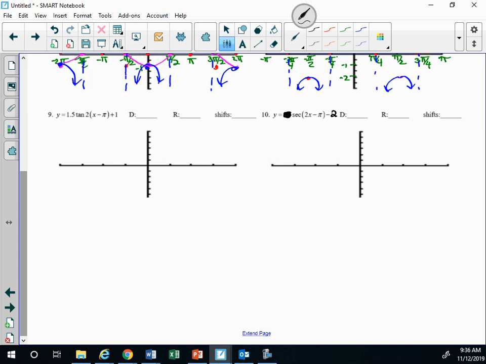So you need to graph this first as if it is y equals cosine of 2x minus pi, minus 2. What do you have to do first? Factor. So I'm taking a 2 out, and that'll make it x minus pi over 2. Okay?